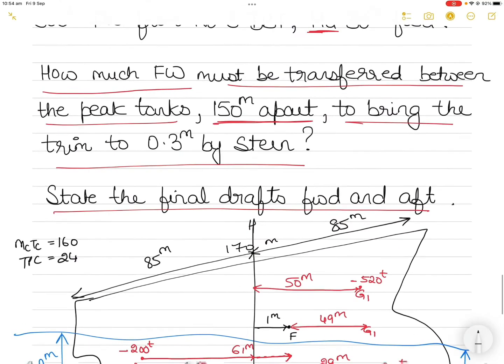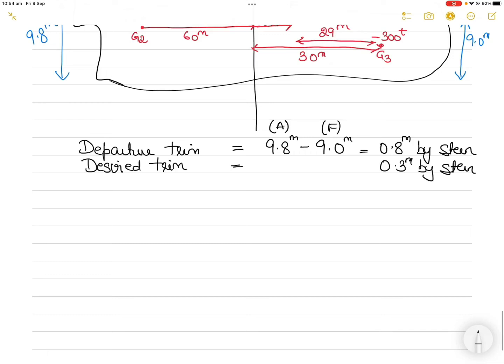The question says that your desired trim is 0.3 meters by stern. That is what you desire it to be. So if I subtract one from the other, the change in trim I would like is 0.8 minus 0.3, which is 0.5 meters by stern.